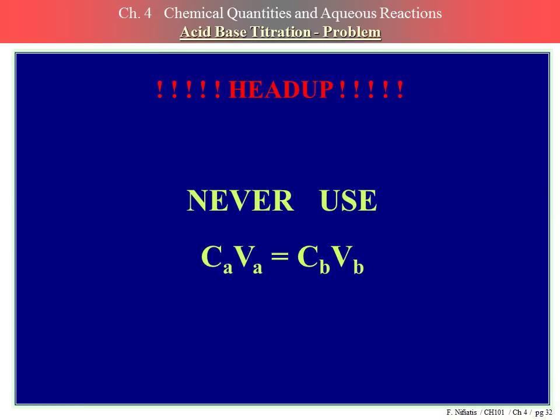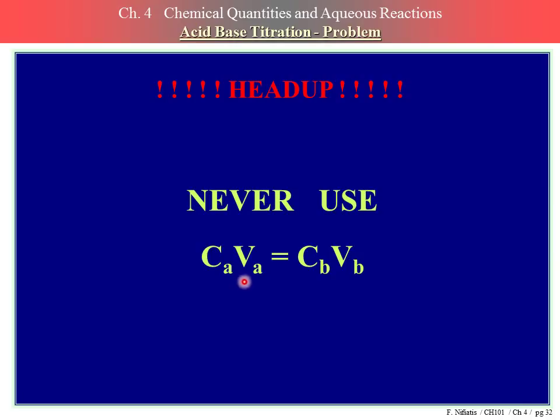That's extremely important. Very often students say to me, at high school, I was using C1V1 equals C2V2. Can I use it here too instead of doing all these complicated calculations? And the answer is no, you cannot use it. Let's see why.